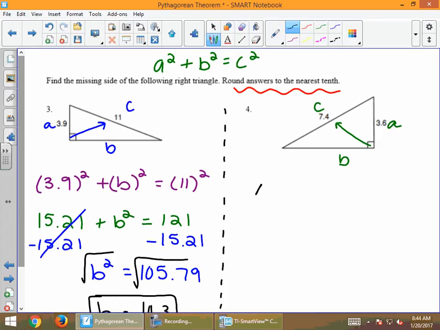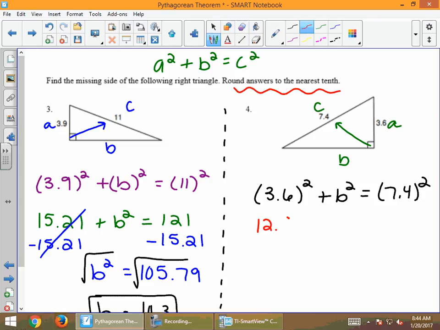So we're going to do 3.6 squared plus B squared equals 7.4 squared. Do 3.6 squared in your calculator, and it's going to give you 12.96 plus, again, we don't know what B squared is, so we leave it as B squared.